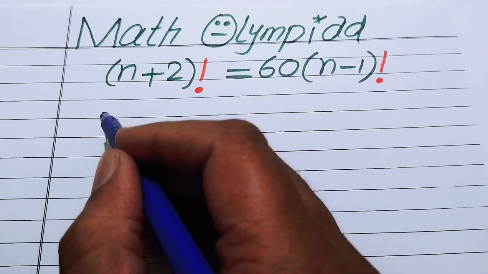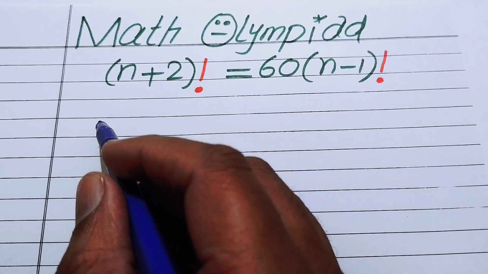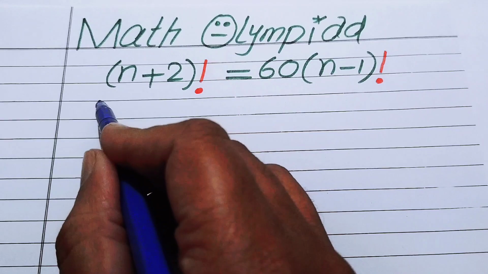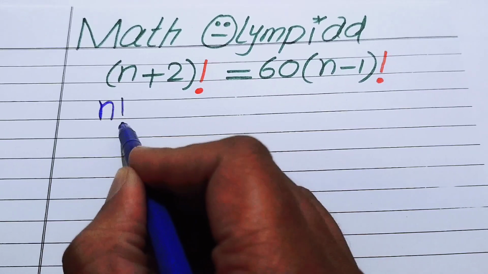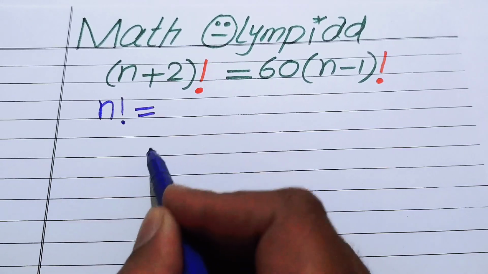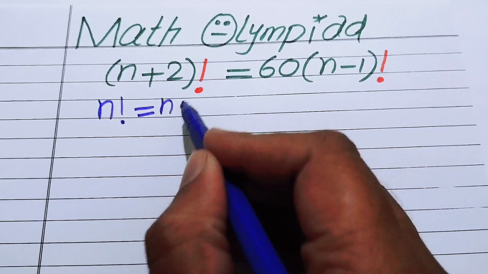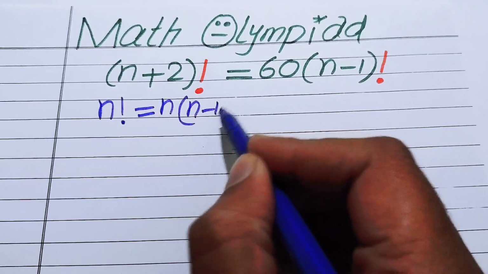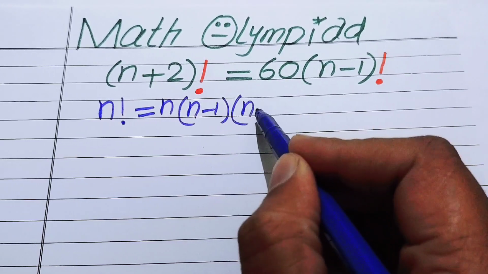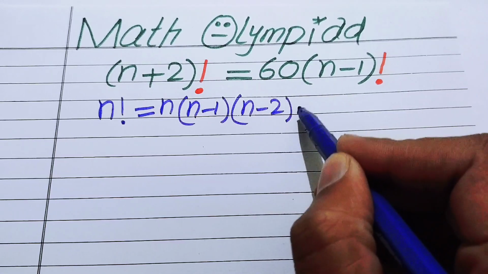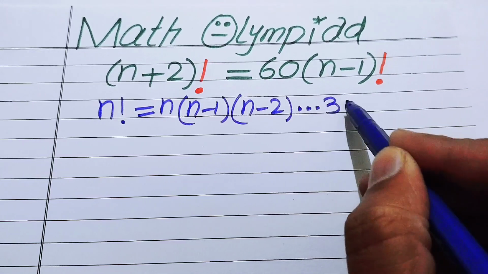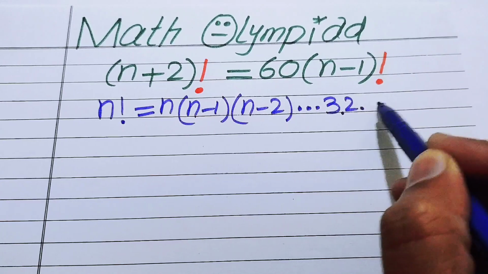You know about factorial, and now I can explain a little bit about it. If we have n factorial, we write it as n times (n-1) times (n-2) and so on, up to 3 times 2 times 1.